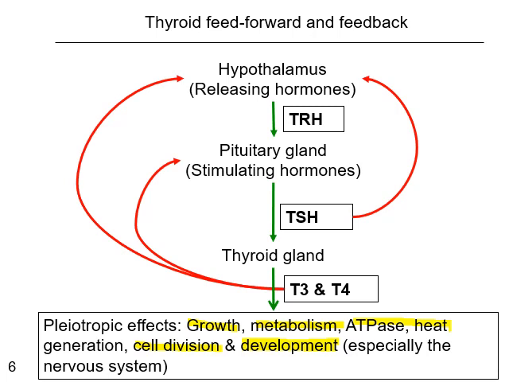And in this case, T3 and T4 are especially important for the development of neurons in the brain and in the central nervous system.